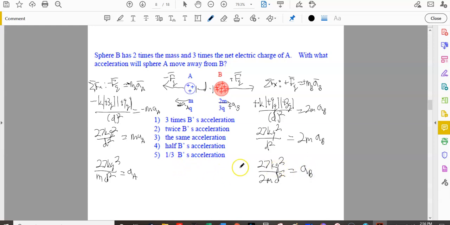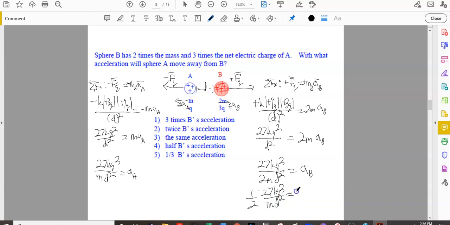So basically the acceleration of B is going to be, if I bring this 2 out in front, 1/2 times 27 kq squared over md squared.